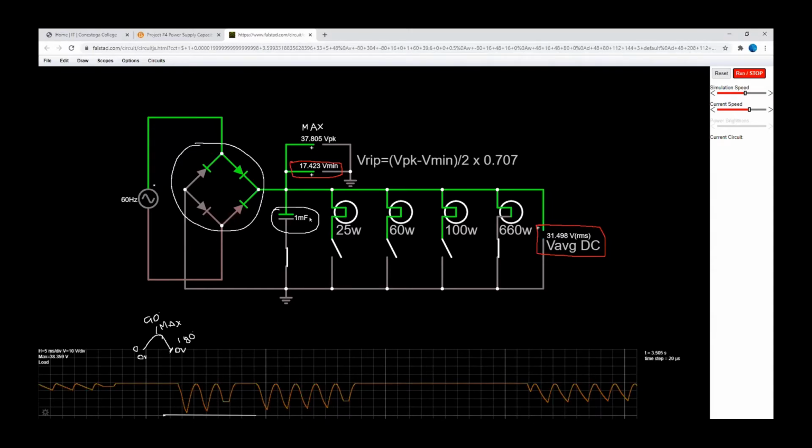Now by doubling my capacitance, I was able to improve my minimum value dramatically. So that means that my average voltage was able to go higher.